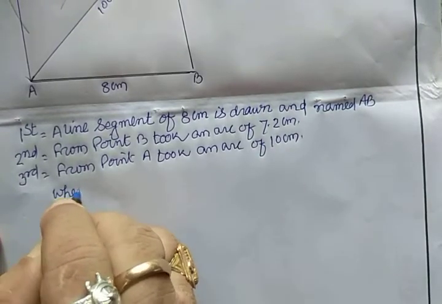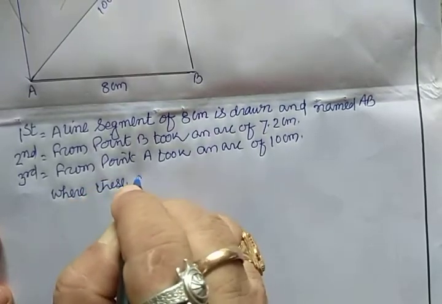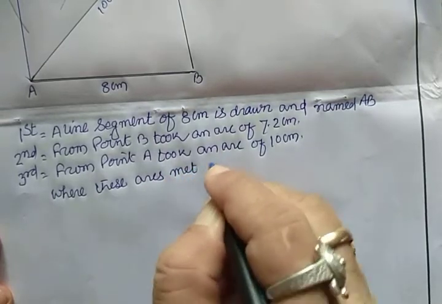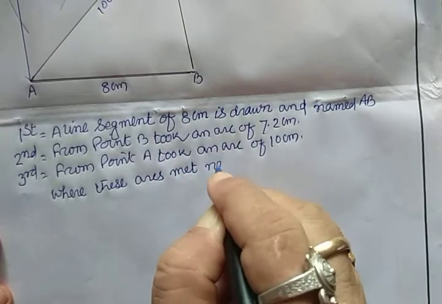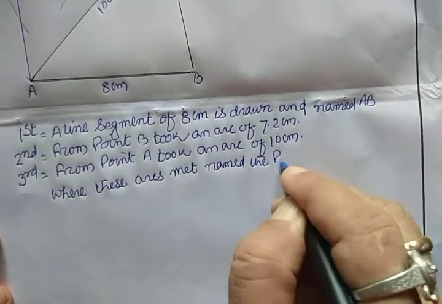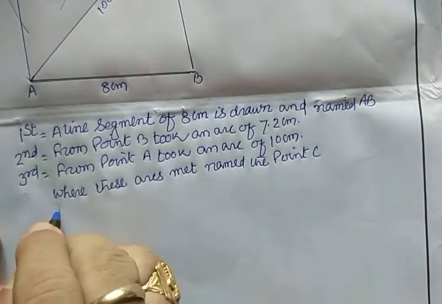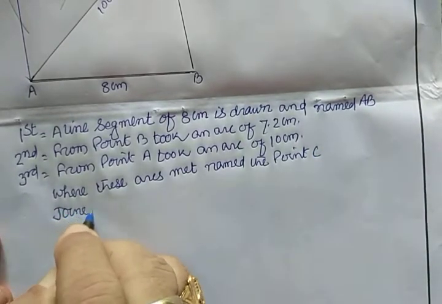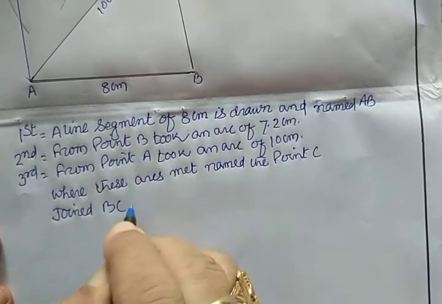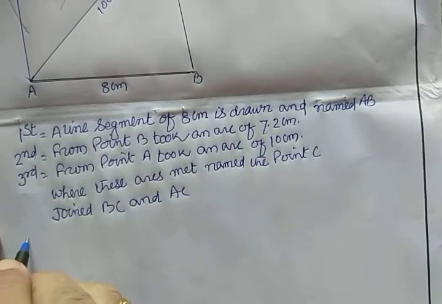Where these arcs met, named the point C. Joined BC and AC.